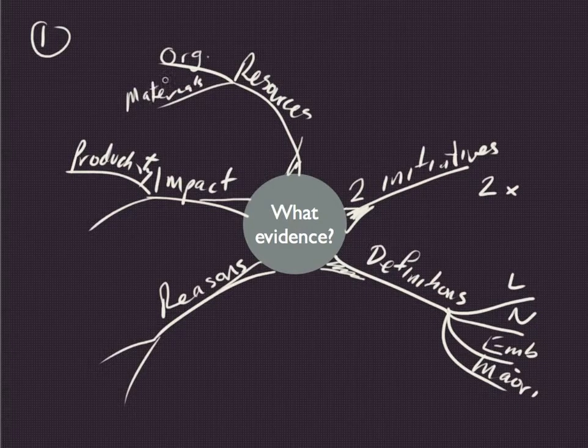Where's my T gone? There we go. So at least 2 resources, at least 2 impacts for literacy and numeracy, 2 reasons why we have this issue around low levels of literacy and numeracy, and the 4 definitions and a couple of initiatives here.